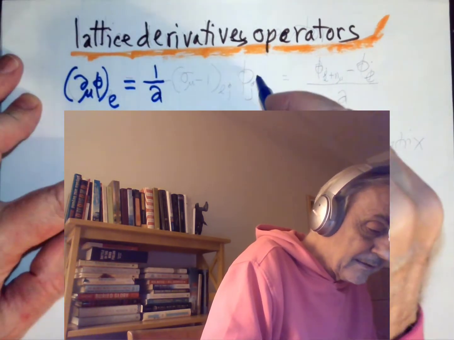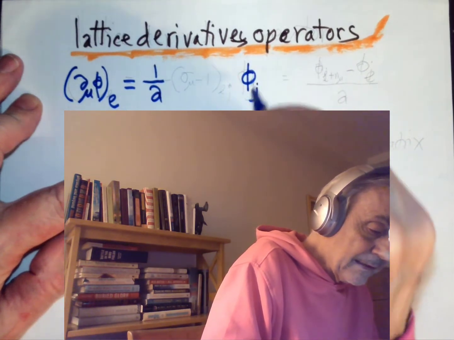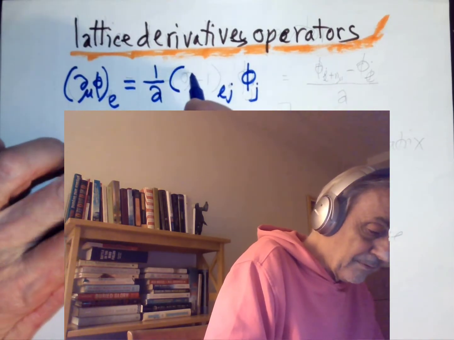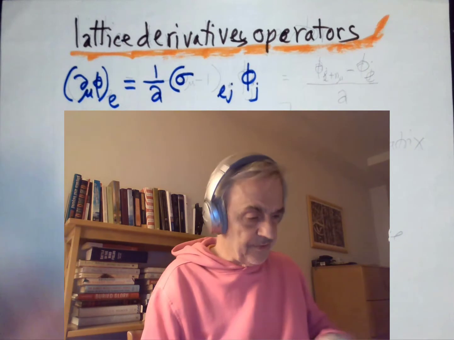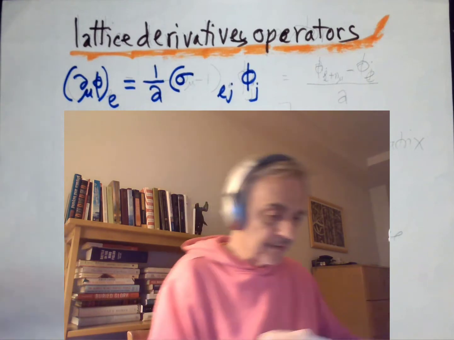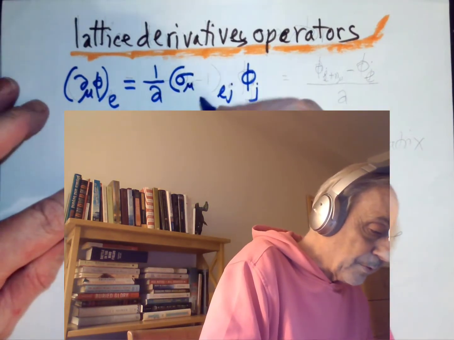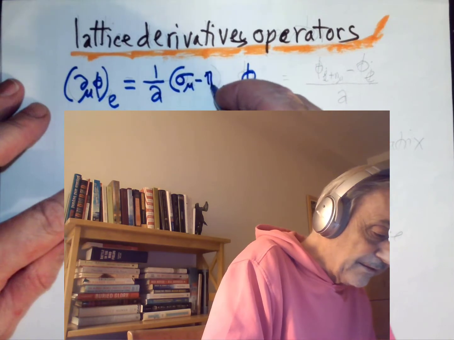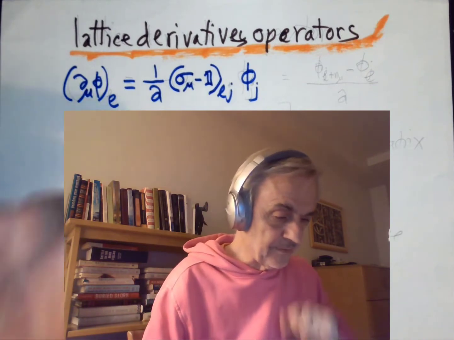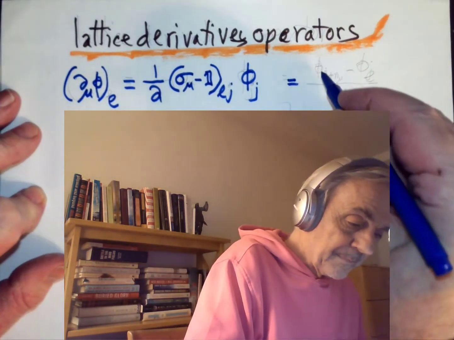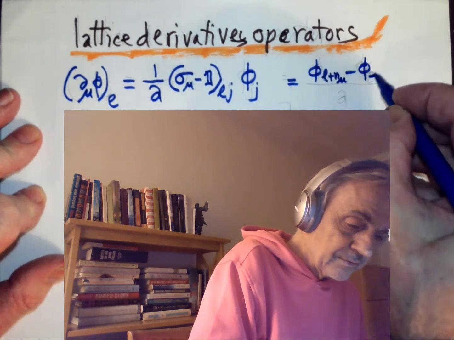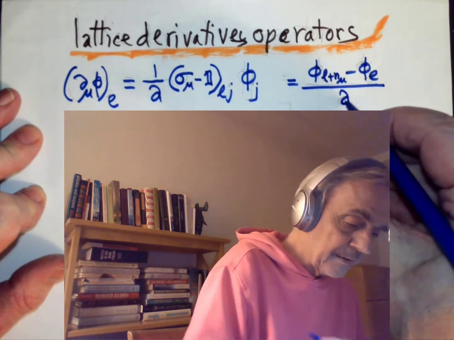And that is, I take the field and I multiply by a matrix, where the first part of the matrix is the shift operator, and all it does is produce a field at a neighboring site in direction mu, and I compare this with the identity matrix, and I divide it by the distance along that direction, that's a. So I get my usual definition of derivative. Two neighboring points on a lattice divided by the distance.